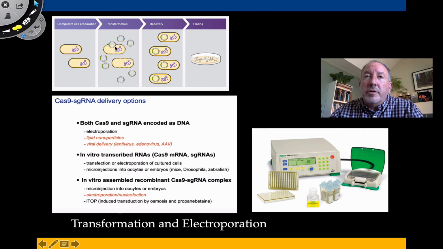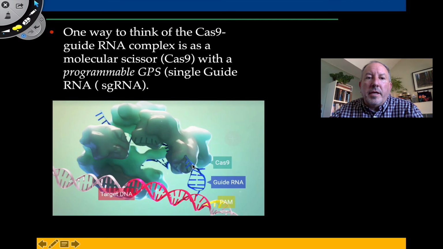You can insert single guide RNA. You can even insert homology-directed repair template sequences to alter bacterial sequences. Now, when it comes to eukaryotic cells, you would need to use electroporation, but basically you can introduce any of these single guide RNAs or Cas9 sequences into any cells in order to genetically engineer them.